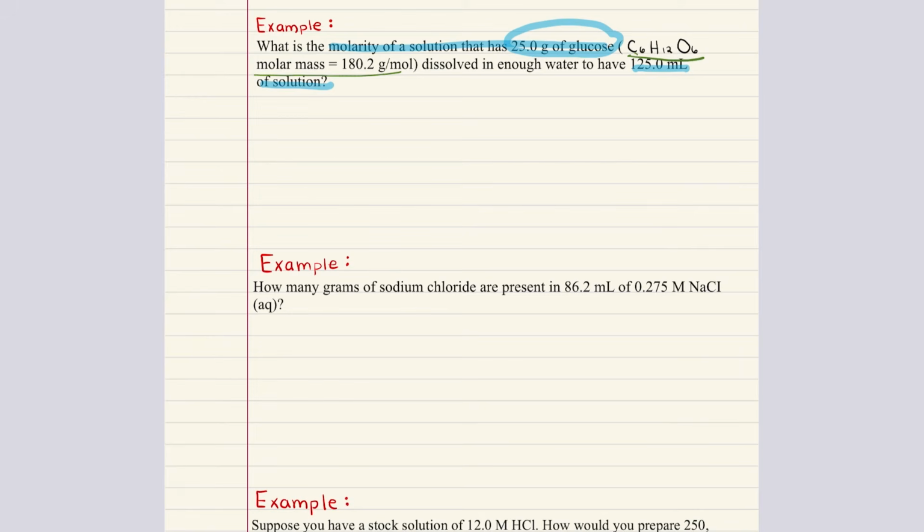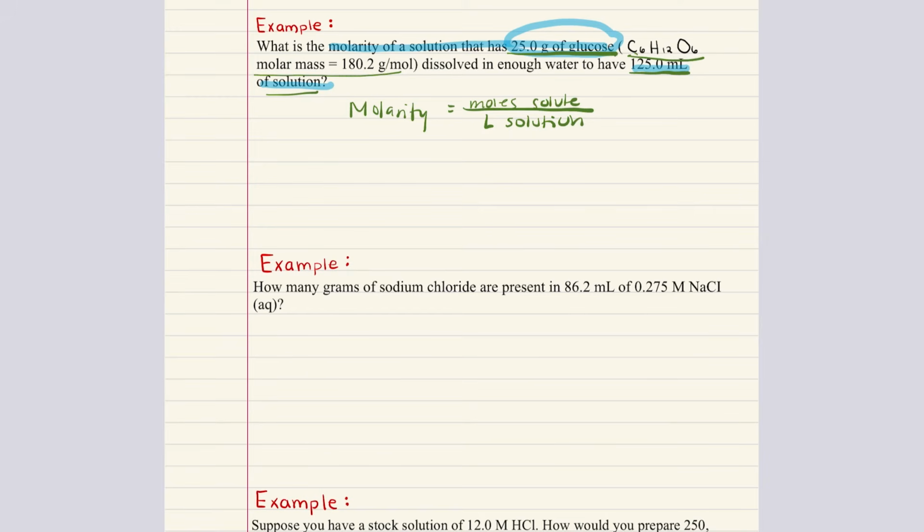Okay, so what we need to do is remember that molarity is moles of solute over liter of solution. All right, that is our definition. What we're given is grams of glucose, and then we're given milliliters of solution. So we're going to have to do a couple of things here.